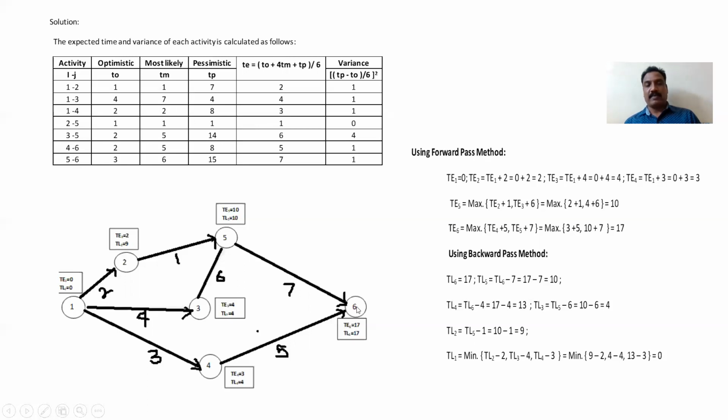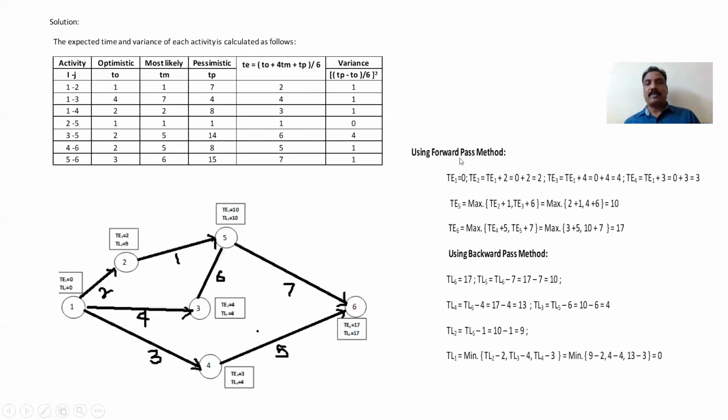Then you represent the single time periods. 2, this is 4, the third activity is 3, fourth activity is 1, fifth activity is 6, sixth activity is 5, seventh activity is 7. Like that you can give the values.